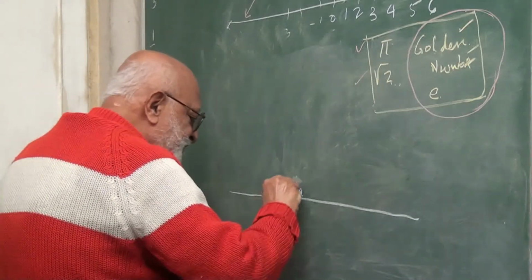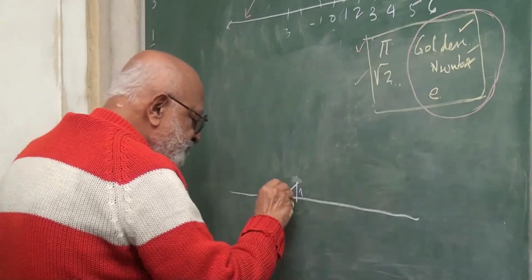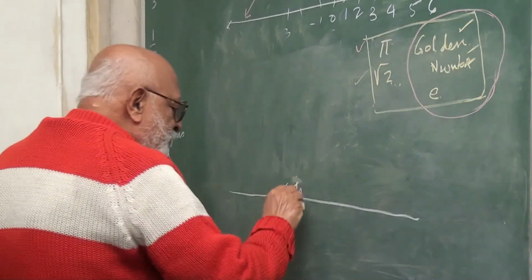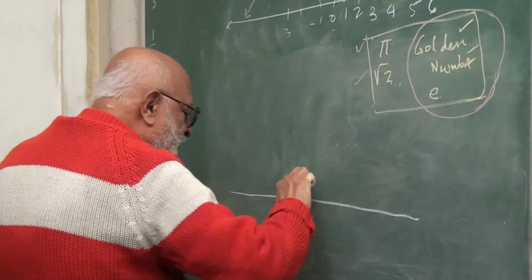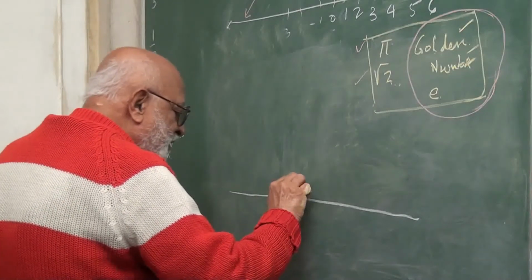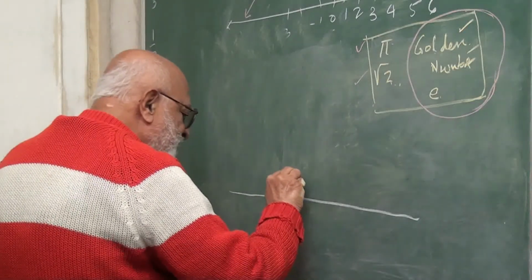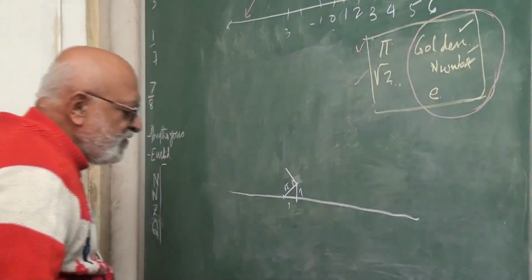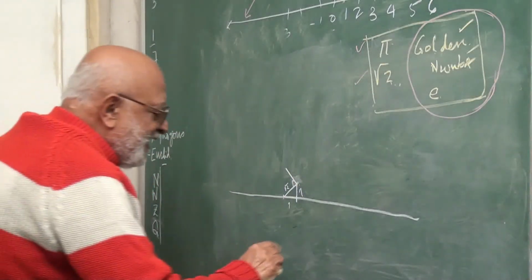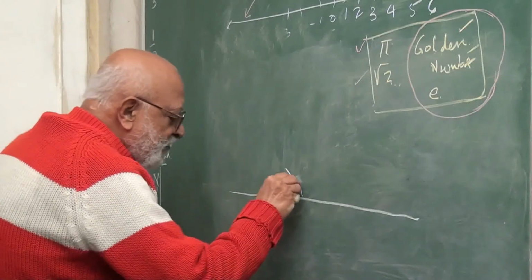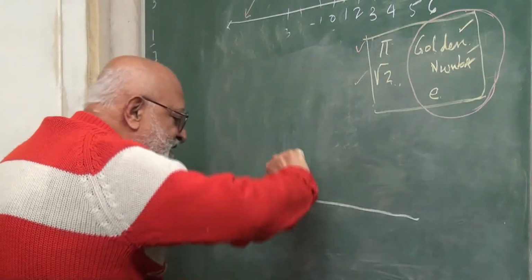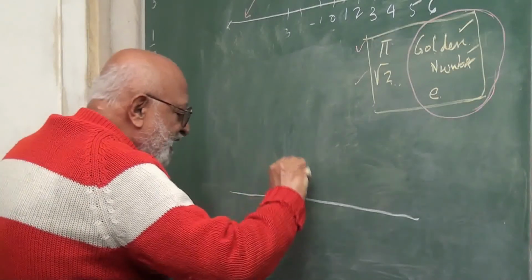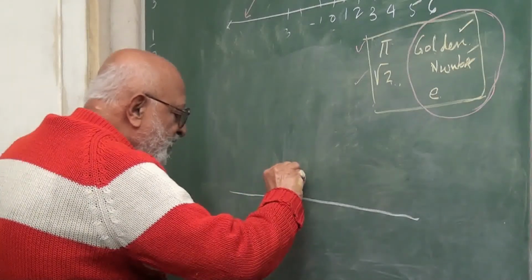So this gives you root 2. Again you make a perpendicular on this hypotenuse, and this is 90 degrees. Then you take another 1 unit.